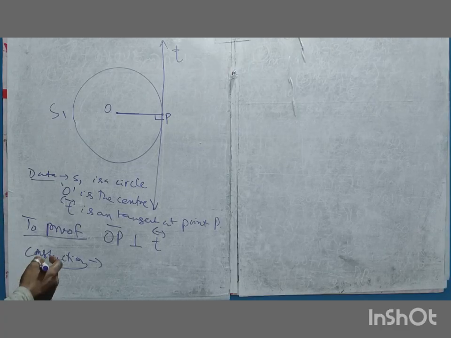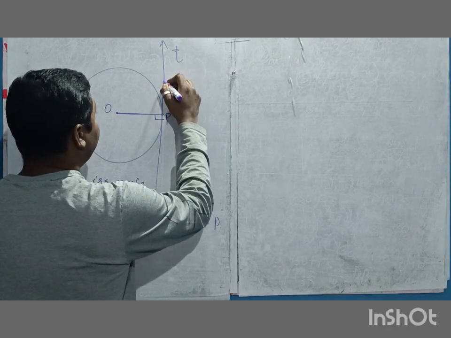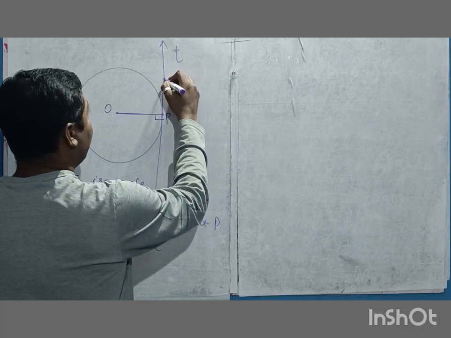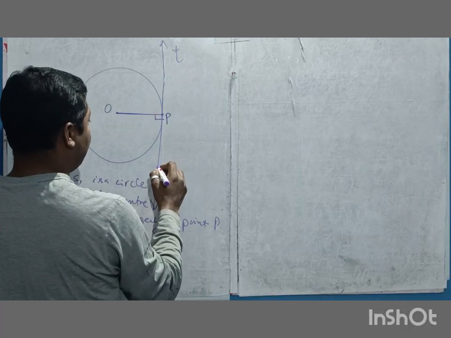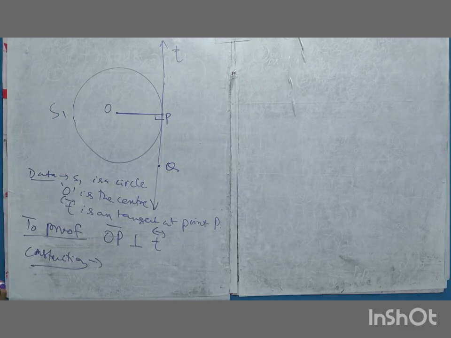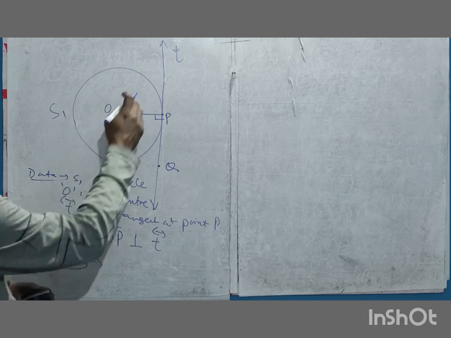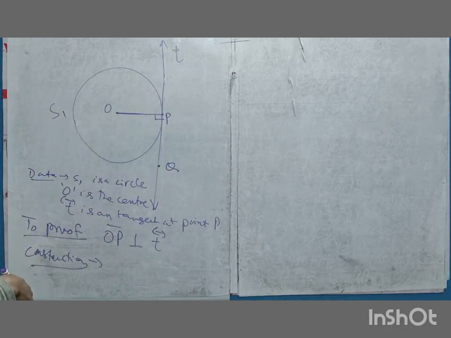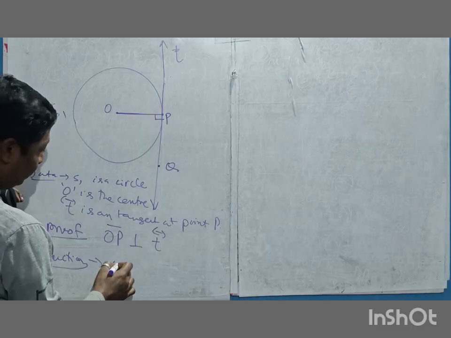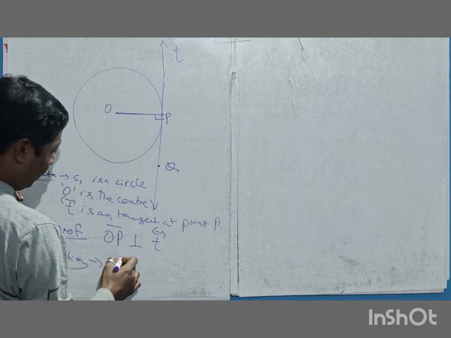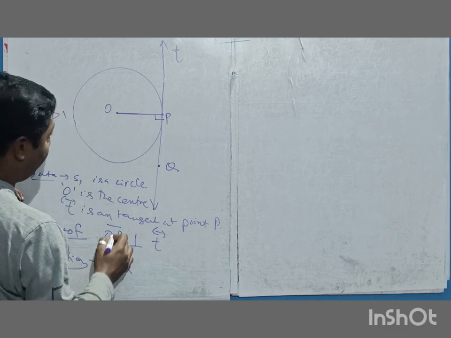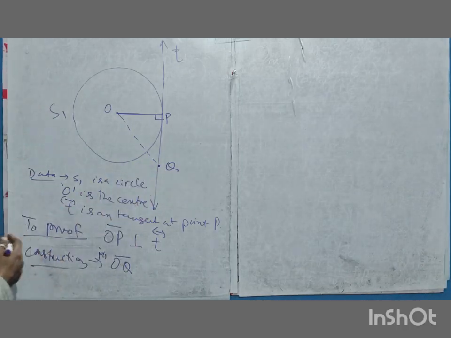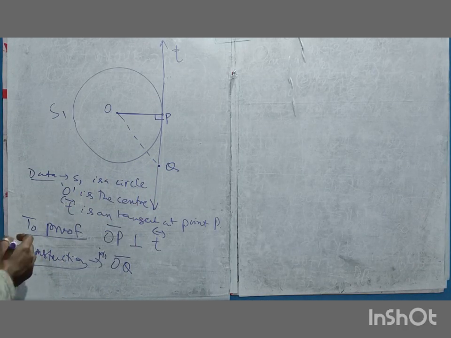Let there be another point Q, other than P, on the tangent T. You can give the tangent different naming also, like XY or MM. Now join OQ.